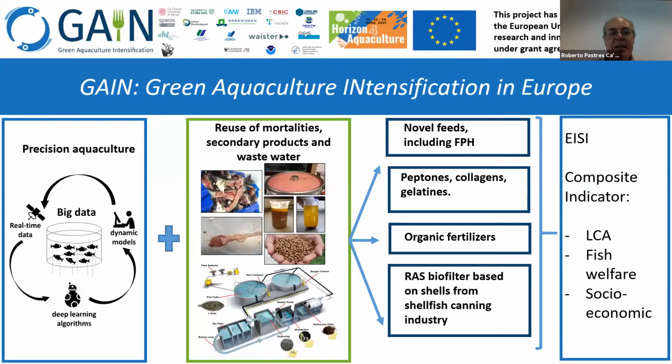In GAIN, what we thought was to combine together an improvement in the efficiency in the production, introducing and implementing precision aquaculture, both for the finfish and shellfish industry, and then improve the circularity of the industry by reusing as much as possible byproduct and side stream from a fish farm.